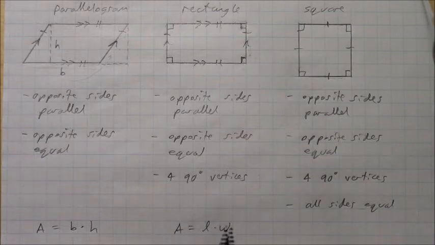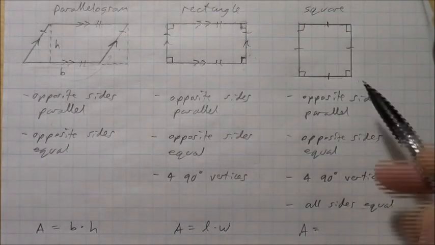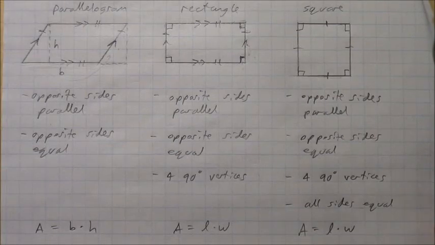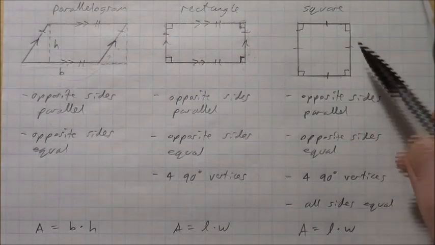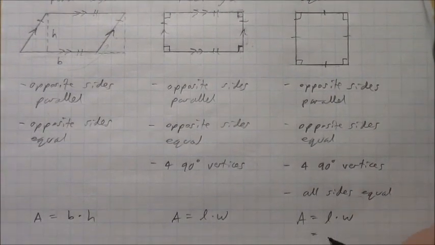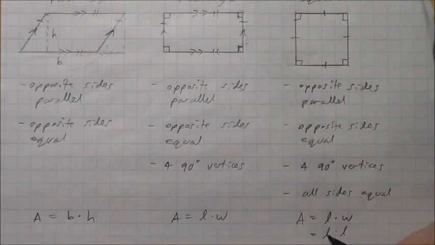And then if we move over to a square, because we know that the square is a rectangle, we can say that the area of a square is also length times width. But if we know that each of the side lengths are the same, we could actually say, instead of length times width, it's length times length.